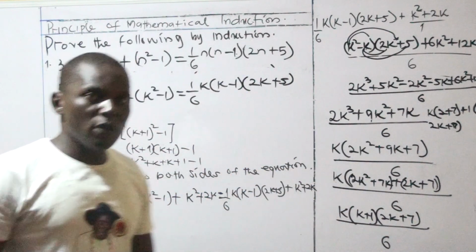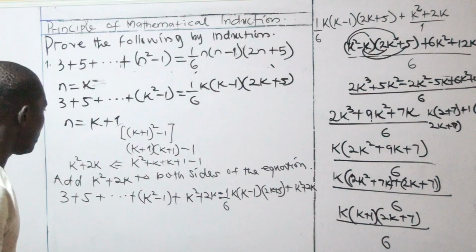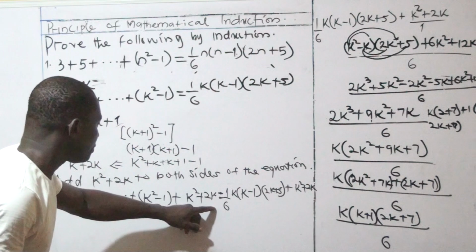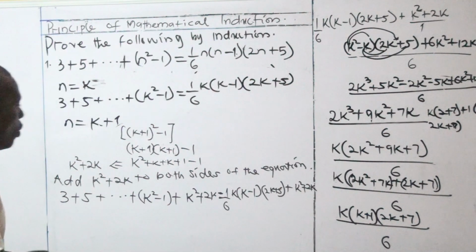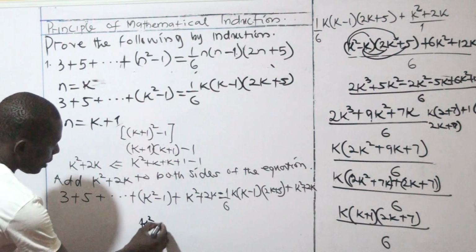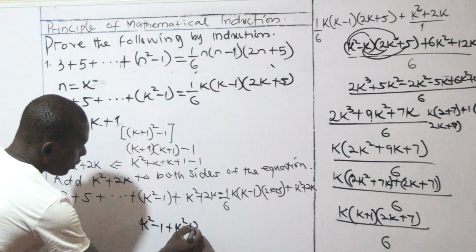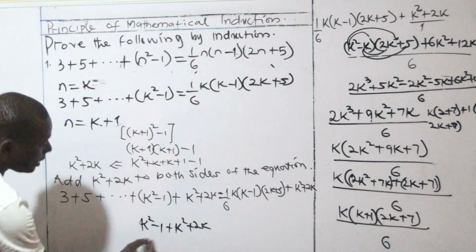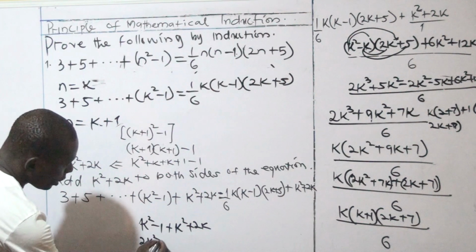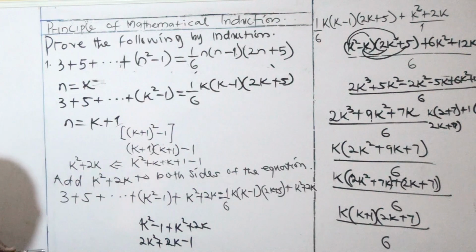So the quantity on the right hand side is the whole of this, and look at the quantity we have on this side. We can simplify it as k squared minus 1 plus k squared plus 2k. If we aggregate it, this will give us 2k squared plus 2k minus 1.